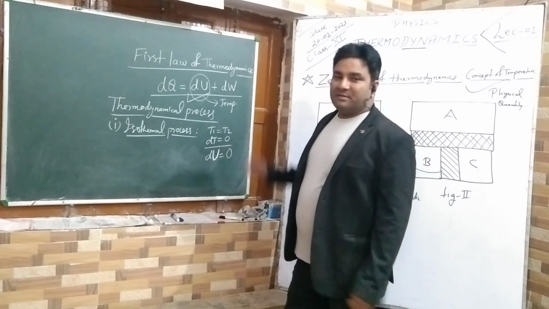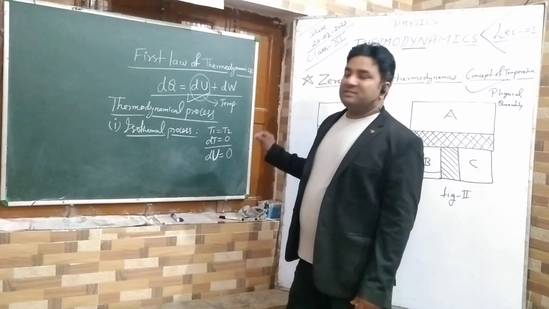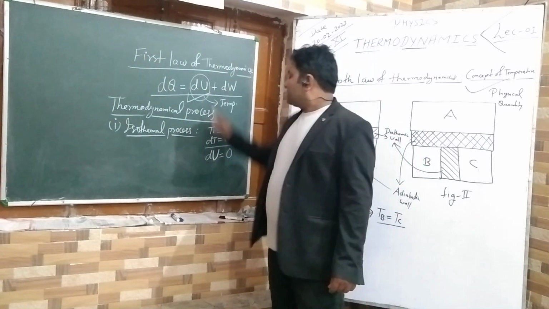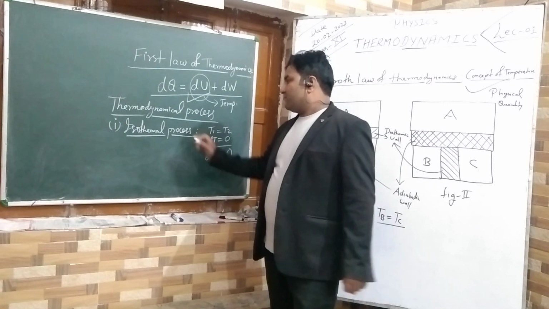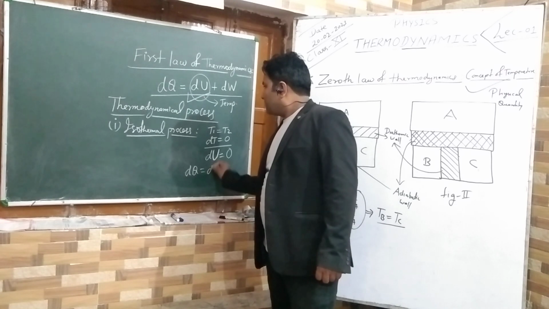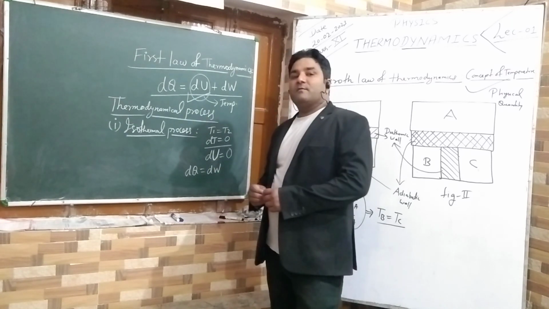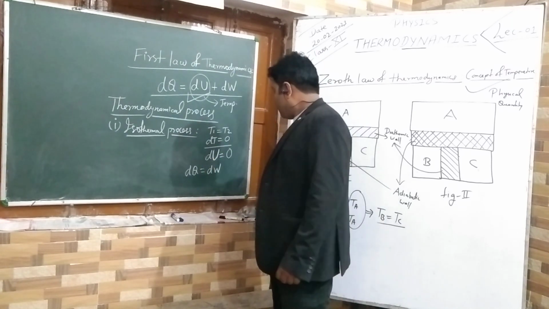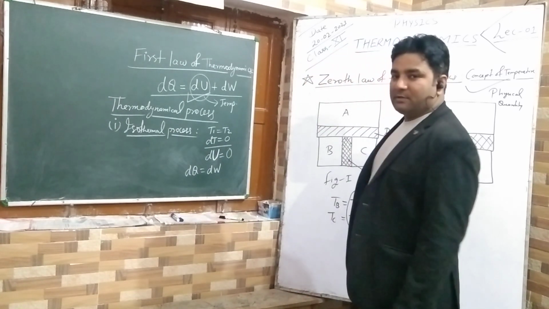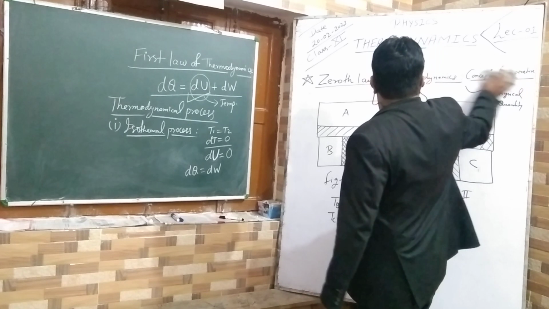Whenever there is no change in temperature, then there will be no change in internal energy. Clear? It means dU must be 0. And in case of an isothermal process, dQ is equal to dW. Clear? For an isothermal process, always remember dQ is equal to dW.